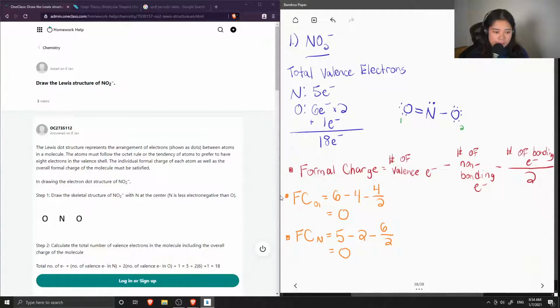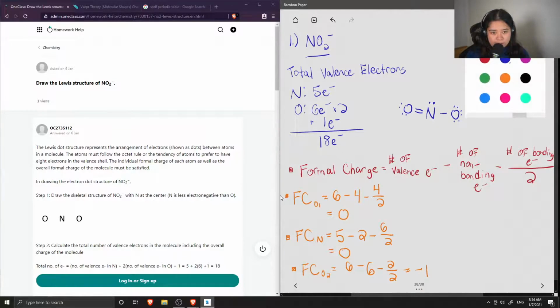Now let's look at the formal charge of our last oxygen. Again, oxygen has 6 valence electrons. This oxygen in particular has 6 non-bonding electrons, and there are also 2 bonding electrons in that single bond. So the formal charge of the last oxygen is -1.